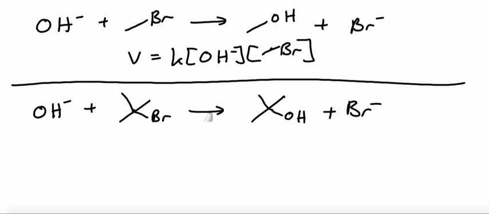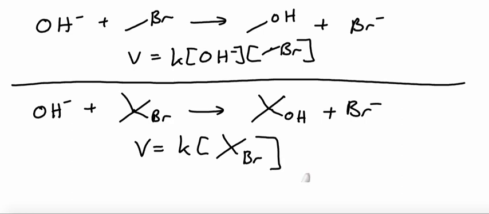So what's the rate equation? Experimentally, we find out that the rate is equal to the rate constant times the concentration of t-butyl bromide, and that's it. There's no dependence on the concentration of the hydroxide ion. We would be misled if we tried to get this rate equation by just looking at the overall reaction.